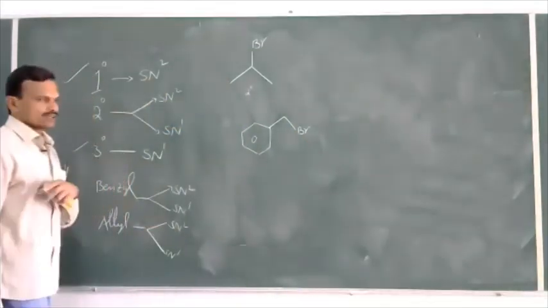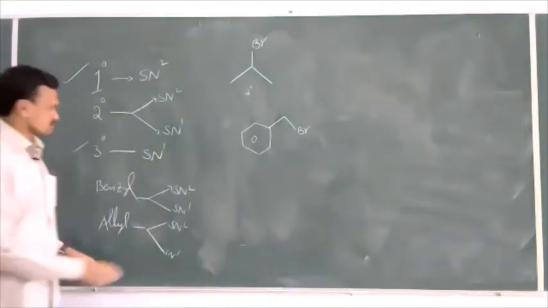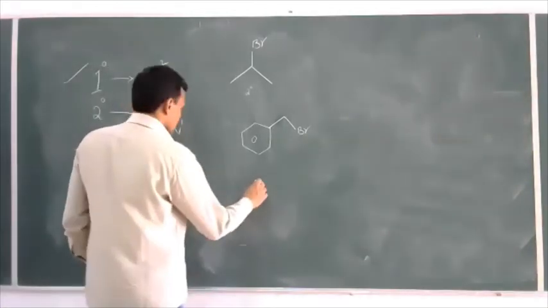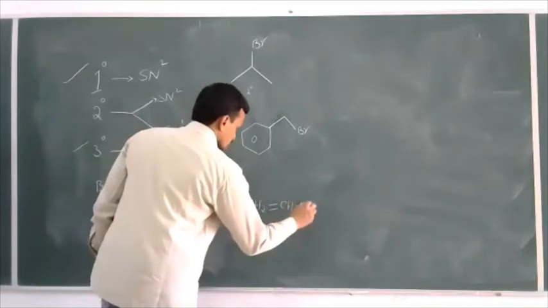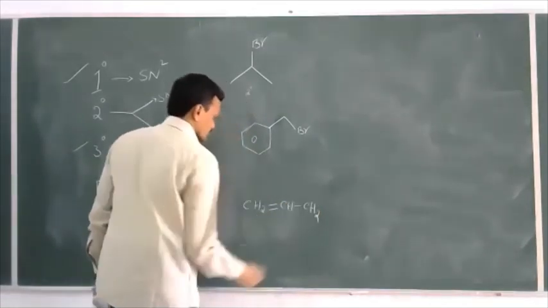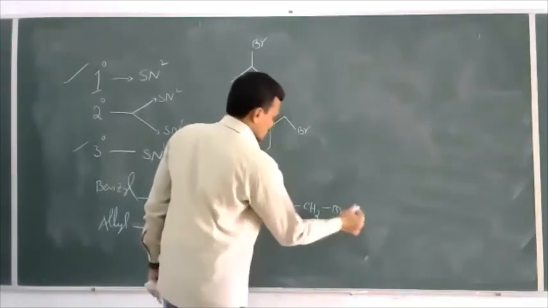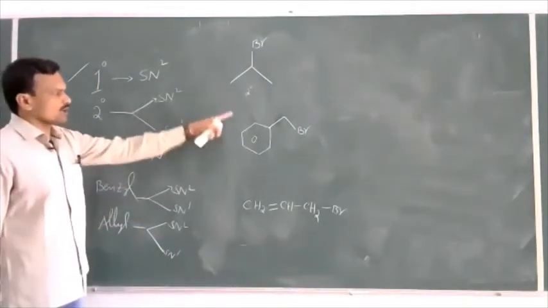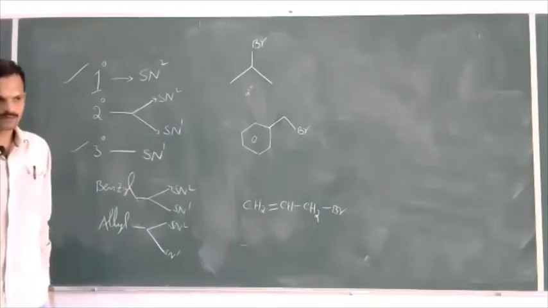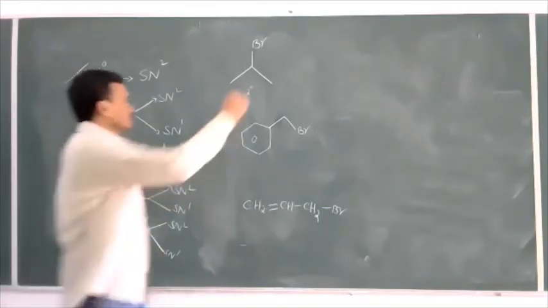This is benzyl bromide. Next, allyl. This is allyl bromide. So all these 3 are allowed to react with KOH, potassium hydroxide.